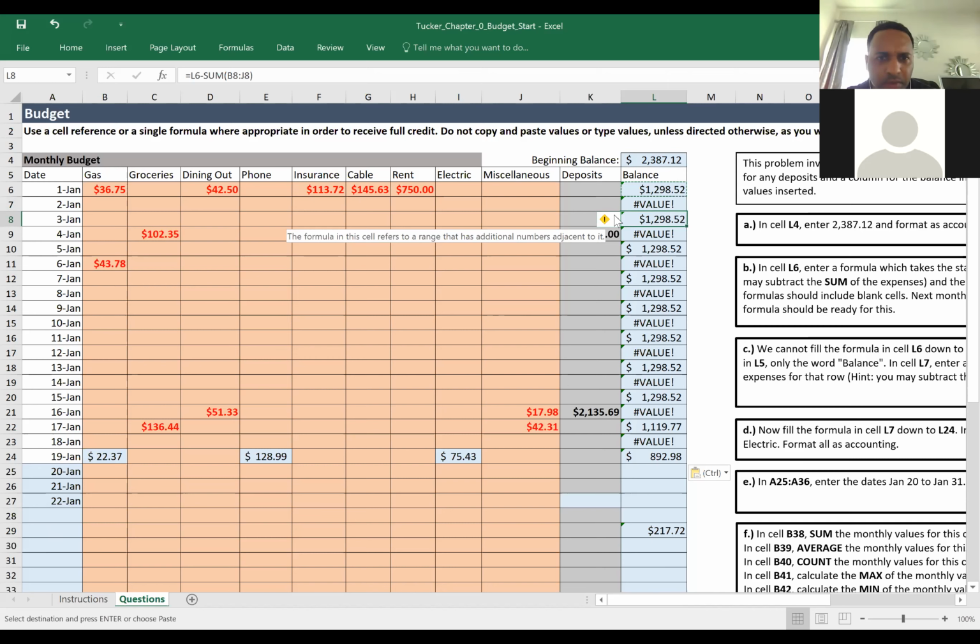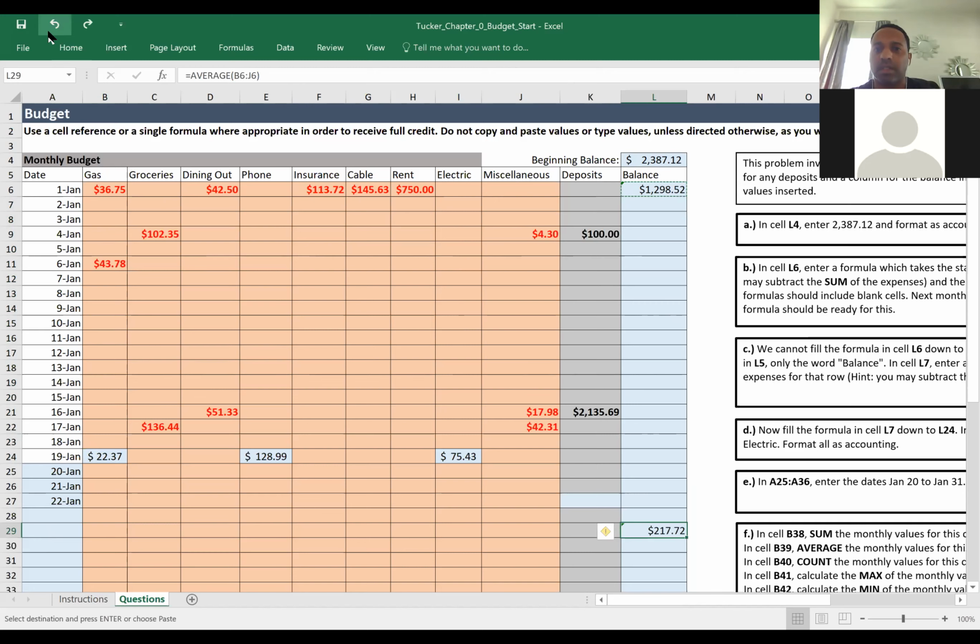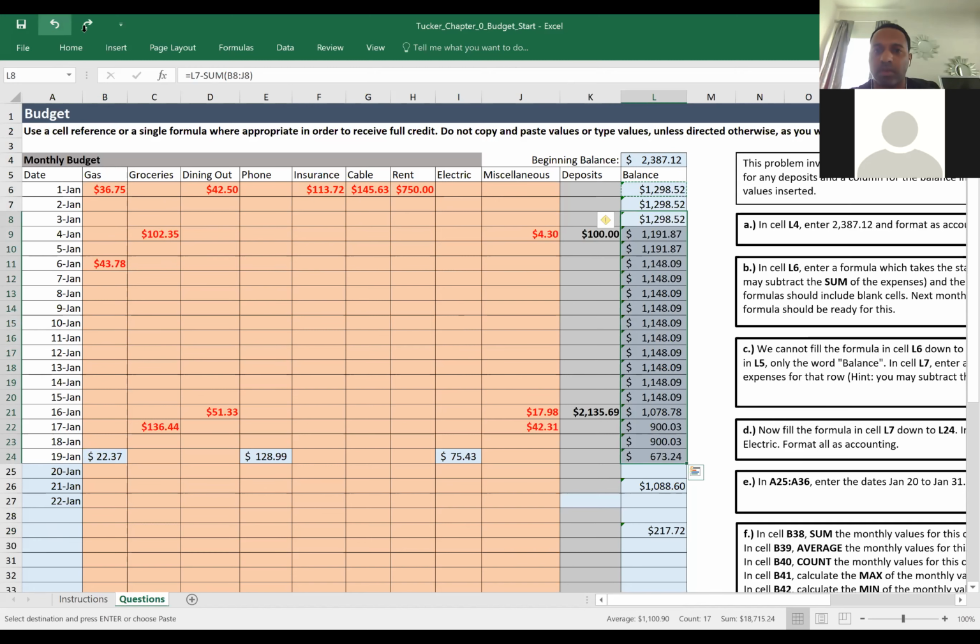Formula in this cell refers to the range. Nope, didn't want to do that. So let me see what's going on with this. Because it worked here. So what happened here that didn't happen in the other one? So L6 minus B7, right?